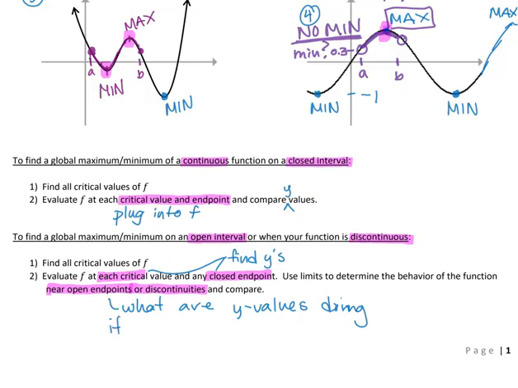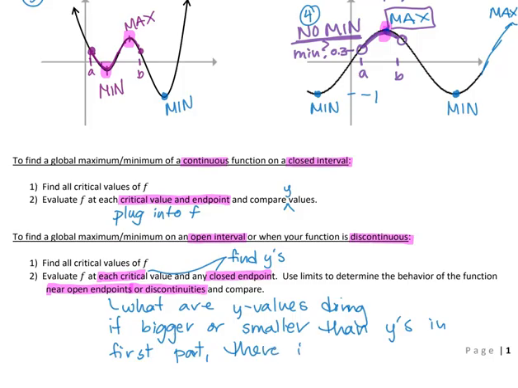So if these are bigger or smaller than y's in the first part, then we say there is no global max or min, depending on which way.